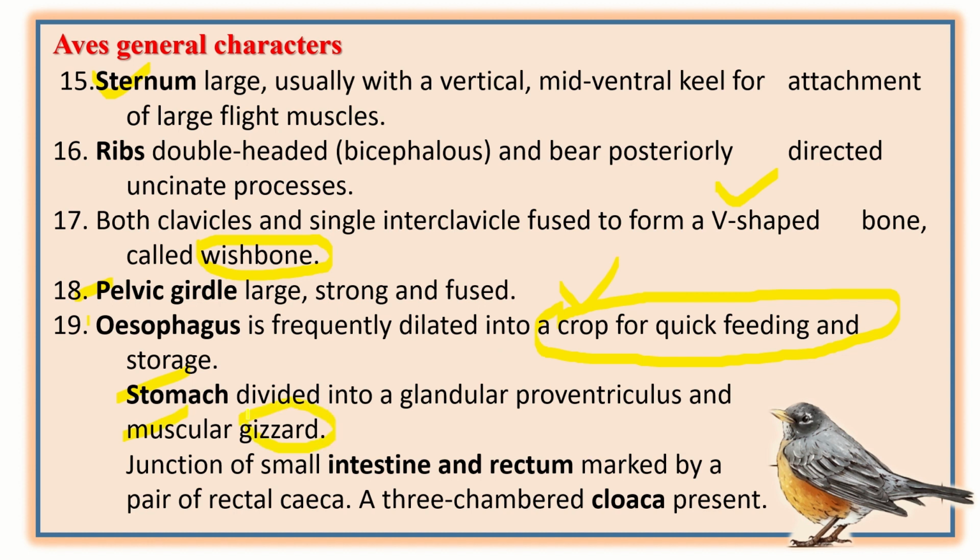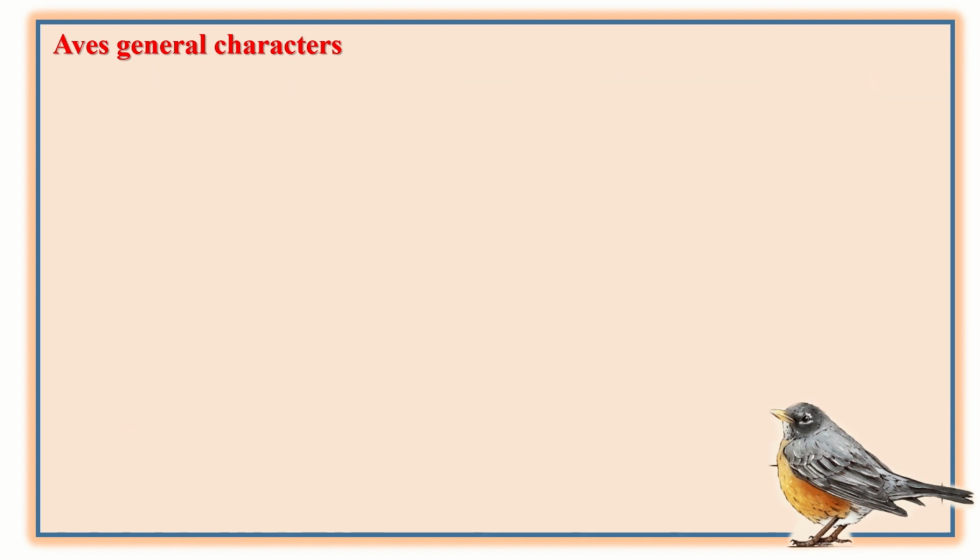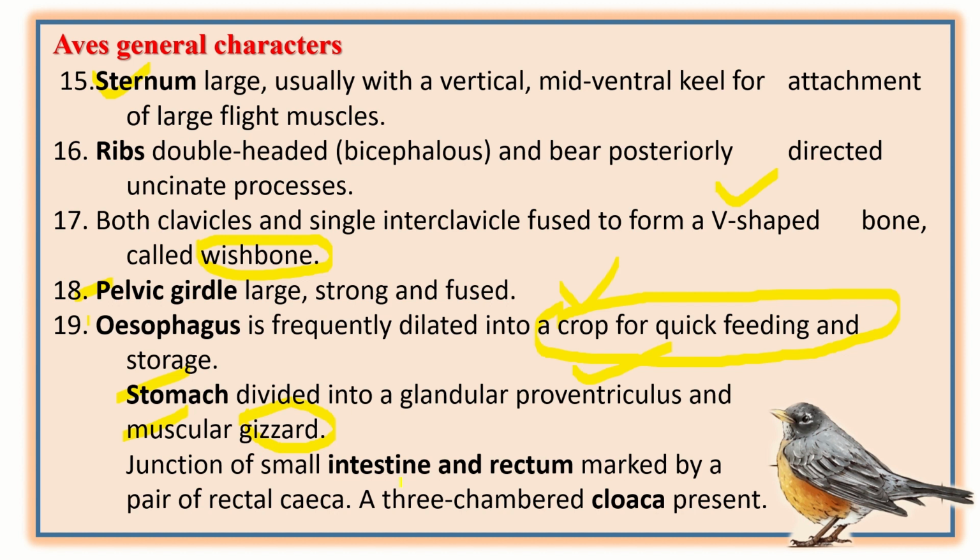At the junction of the small intestine and rectum, a pair of rectal ceca is present. A three-chambered cloaca is present in birds.